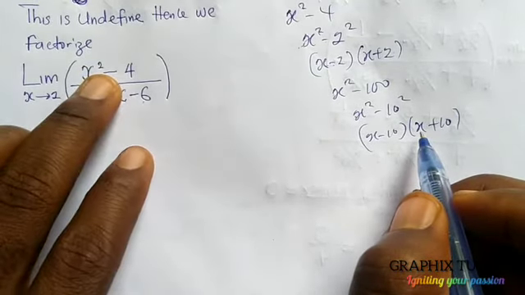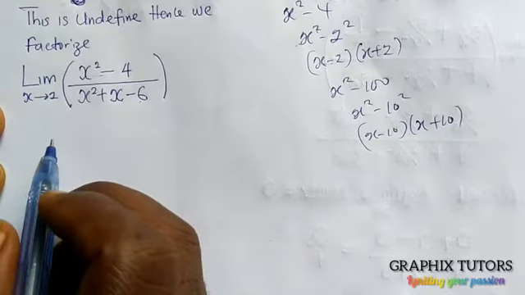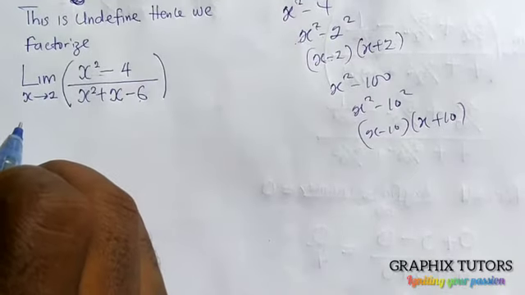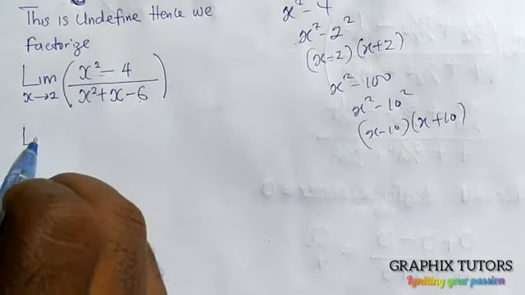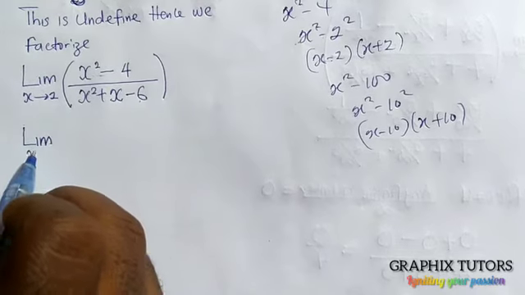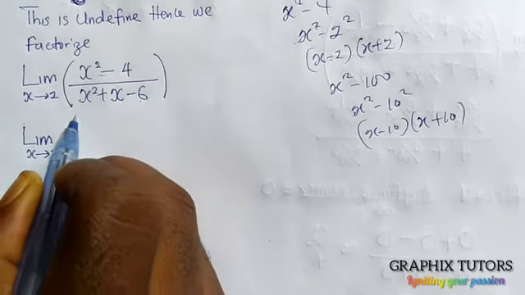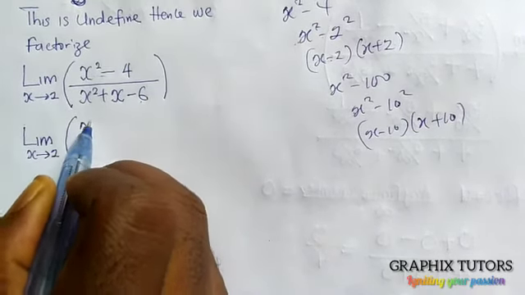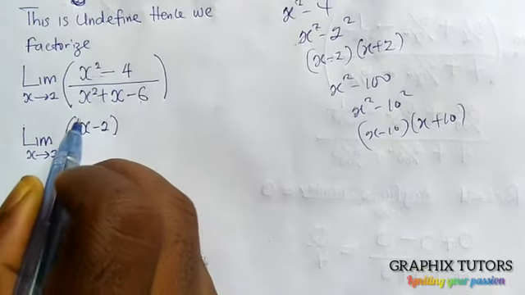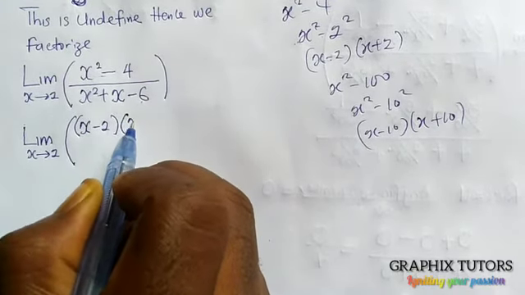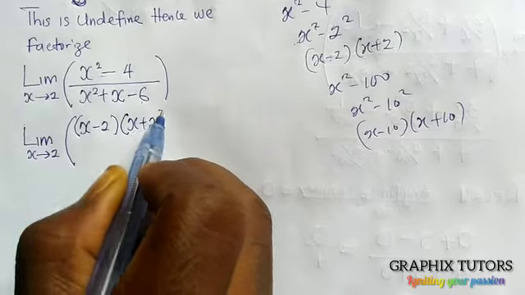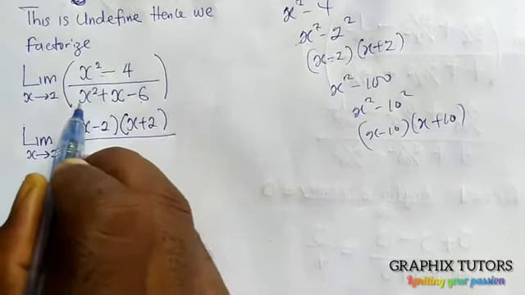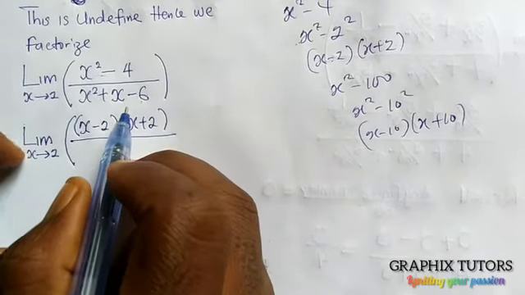So this is what we're having here. If I was to write this, I'm going to have the limit of x tends to 2, open bracket, x minus 2, bracket, x plus 2. Now, the other one here is a trinomial, right?